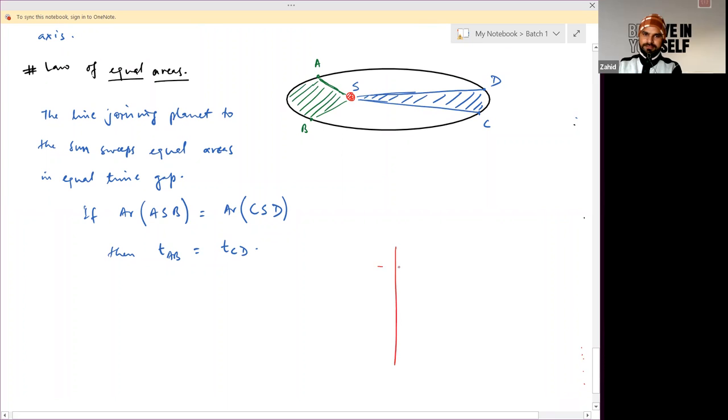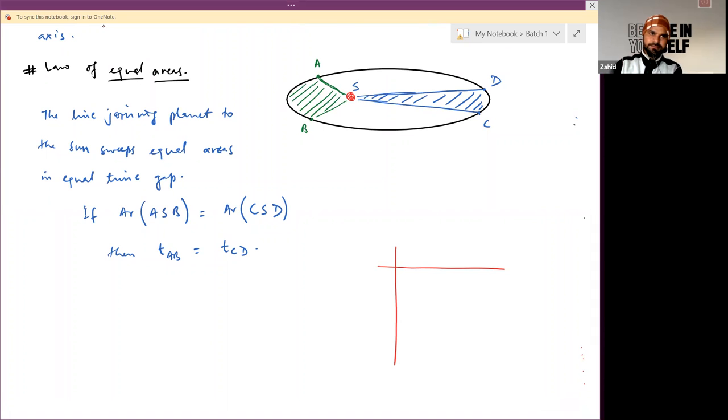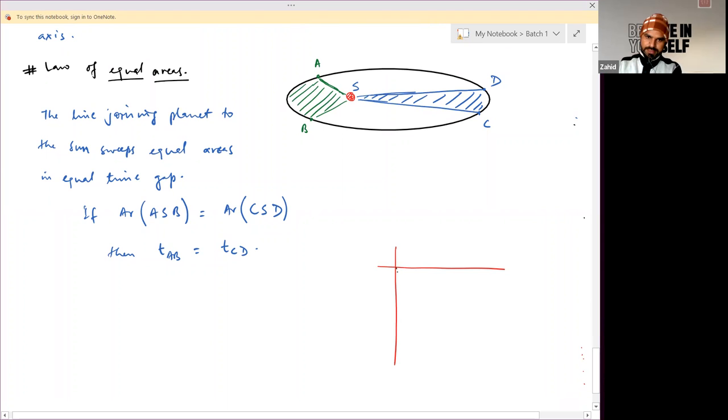Suppose a planet is revolving around the sun. At any instant, it is at this point. In some time, it will reach this point. This is distance r, and this is distance r.